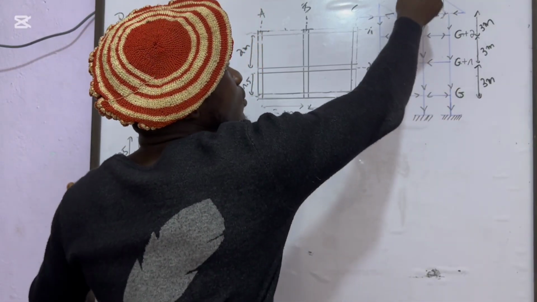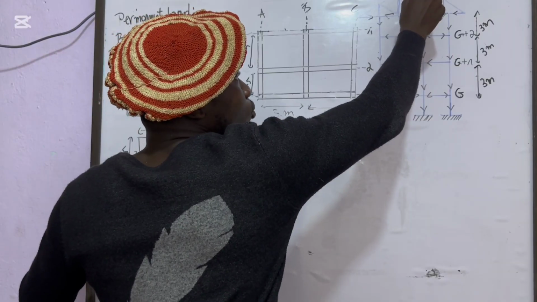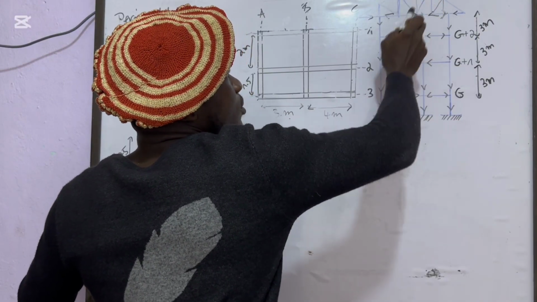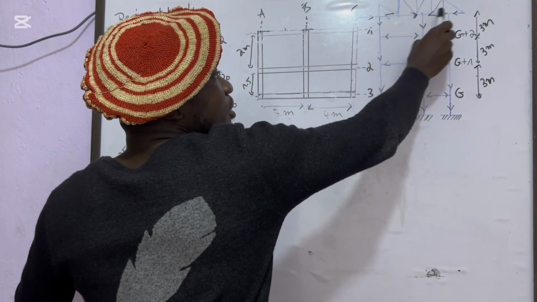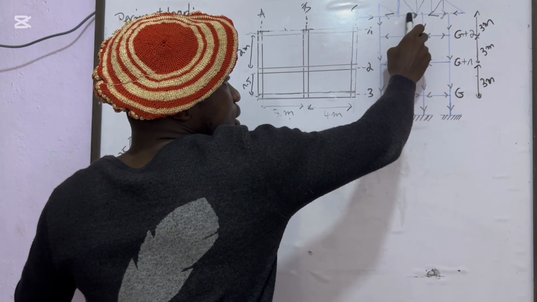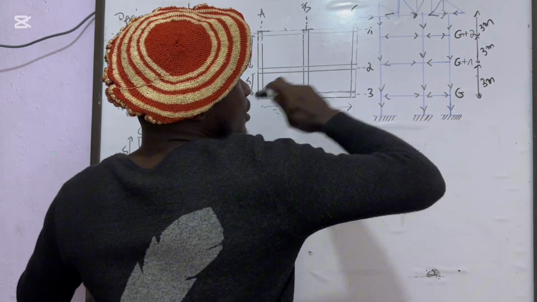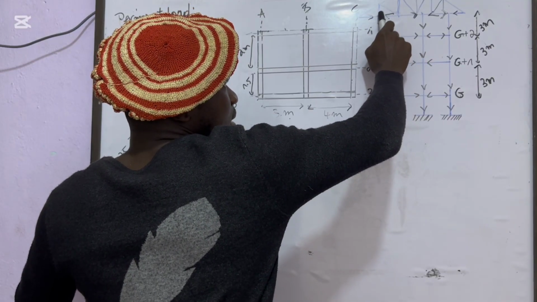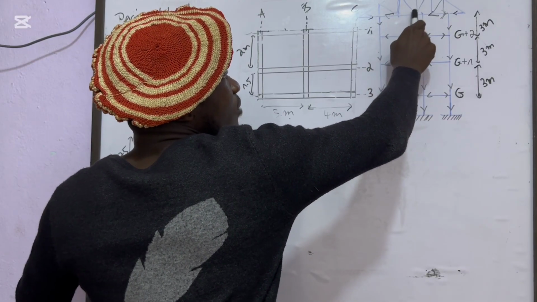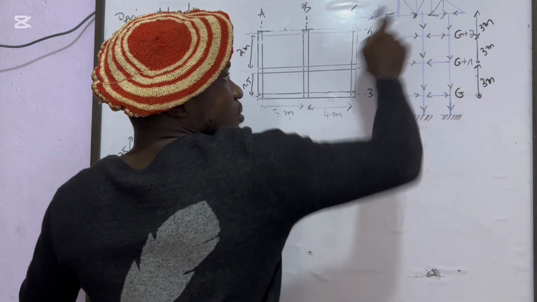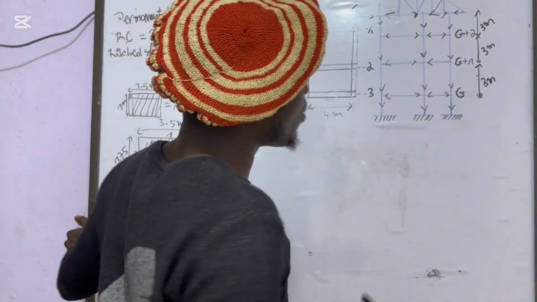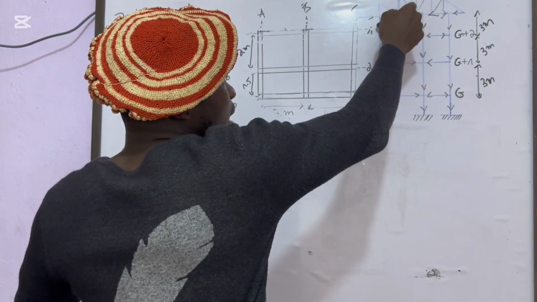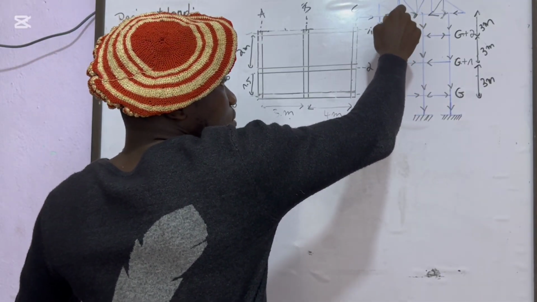What happens is that the load sent by the roof truss will be received by the chaining beam at the roof level, which will share that load into two. Half is sent to this intersection where there is a column, and half the other way to the other intersection where there is a column. The column will take the load down to the next level.